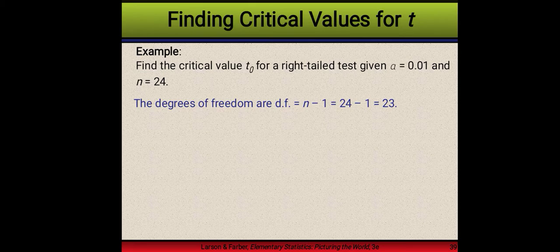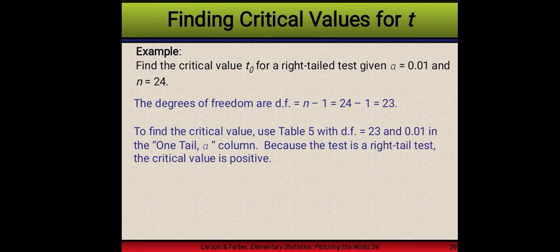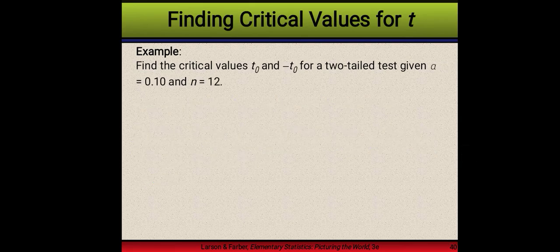To find the critical value, use Table 5 with degrees of freedom 23 and 0.01 as the level of significance in the one tail column. Because the test is a right-tailed test, the critical value is positive. That's what I have said: if it is a right-tailed test, it is positive. And the t is 2.500.